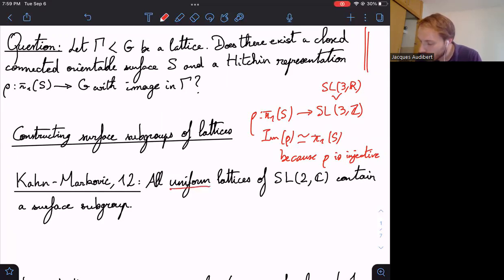Here, uniform means that the quotient is compact. We wanted to have finite volume, but we asked more than that. We asked that it is compact. And this is actually related to three-dimensional topology.